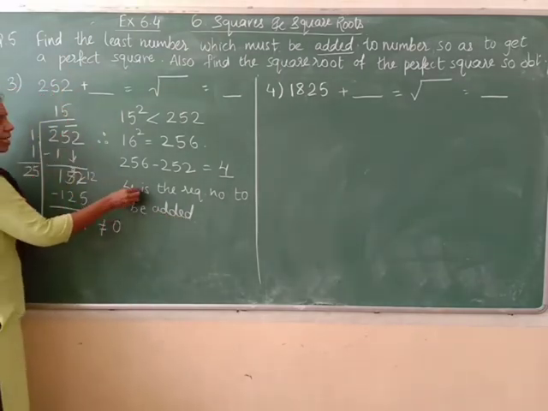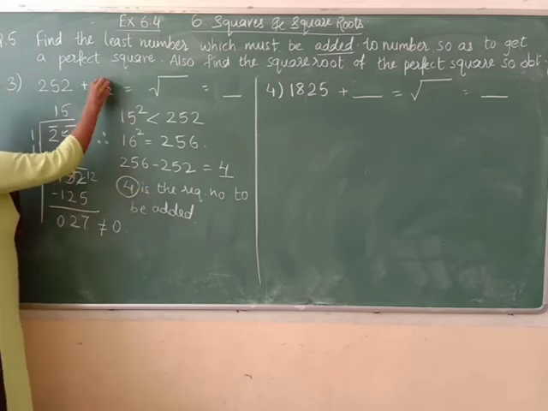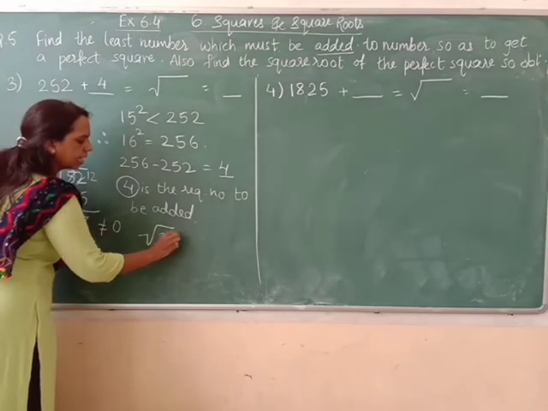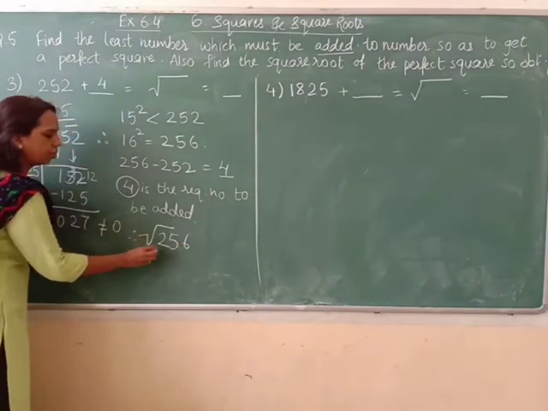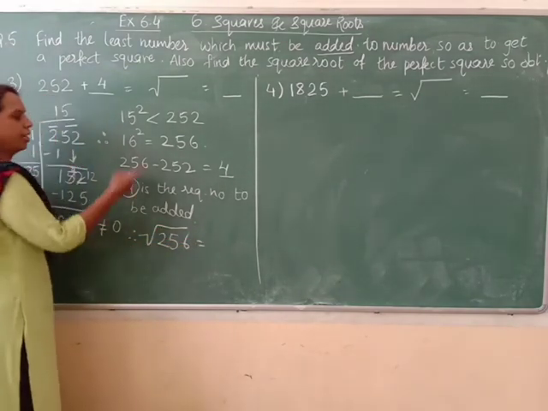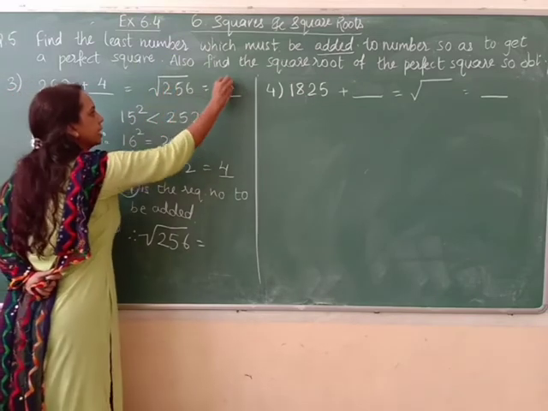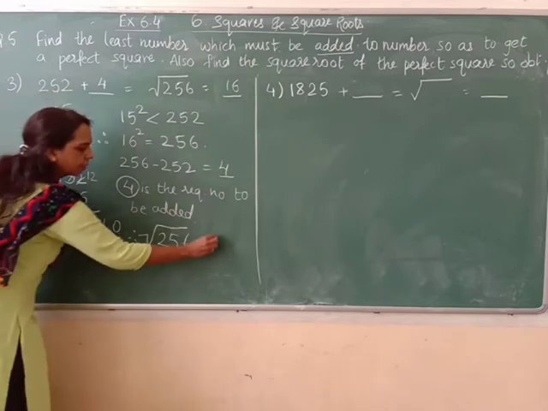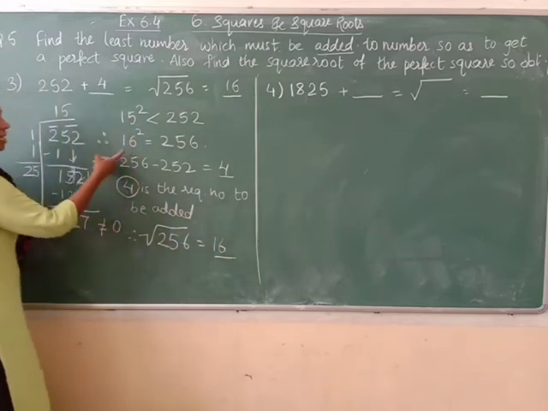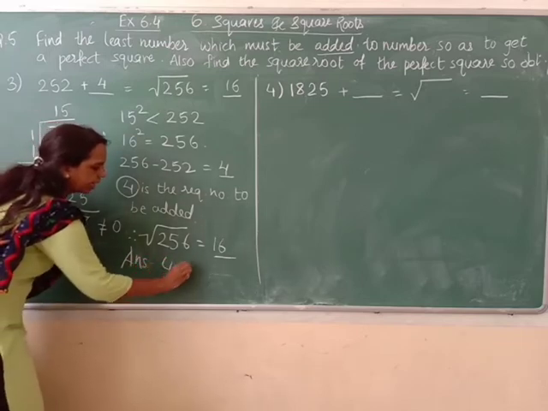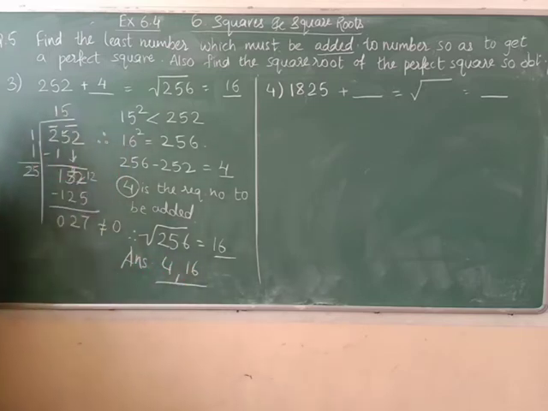And when we add 4 here, it becomes 256. Therefore, the square root of 256, we already know, is 16. So our answer: 4 is the required number and 16 is the square root of the number obtained.